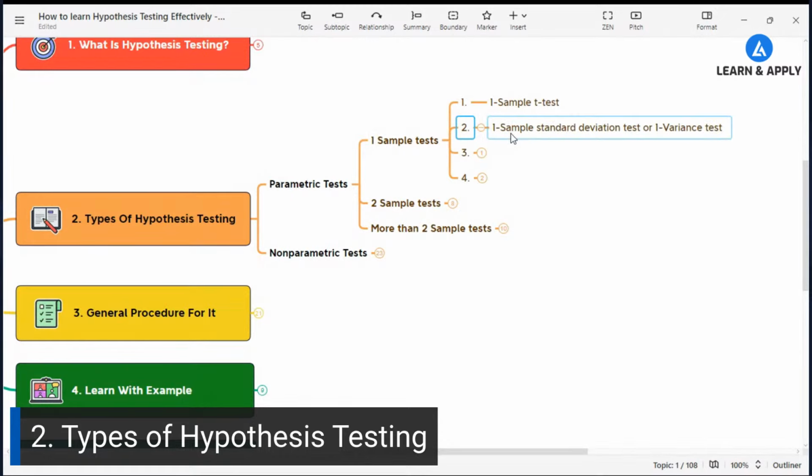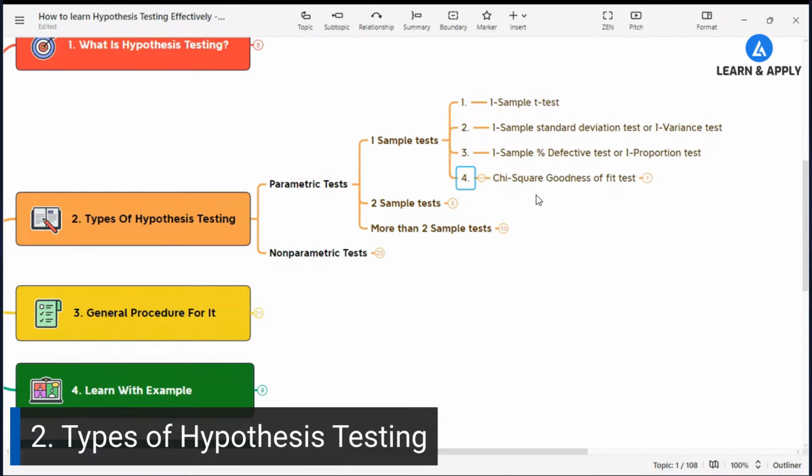If you want to compare the reference standard deviation with the sample standard deviation, then we are going to use the one sample standard deviation test. If you want to compare the variance, the one variance test. If you want to compare the percentage defective in a sample with respect to some reference proportion value, then we are going to use the one sample percentage defective or one proportion test.